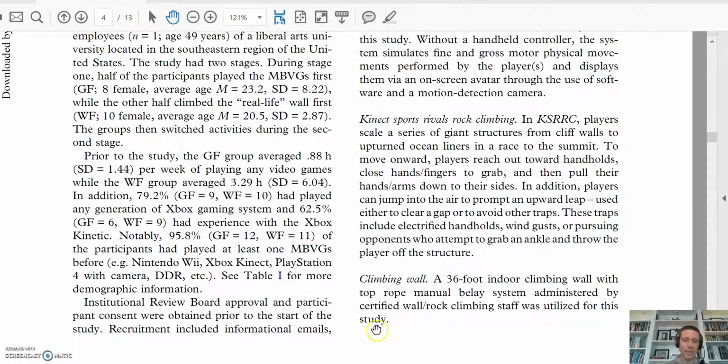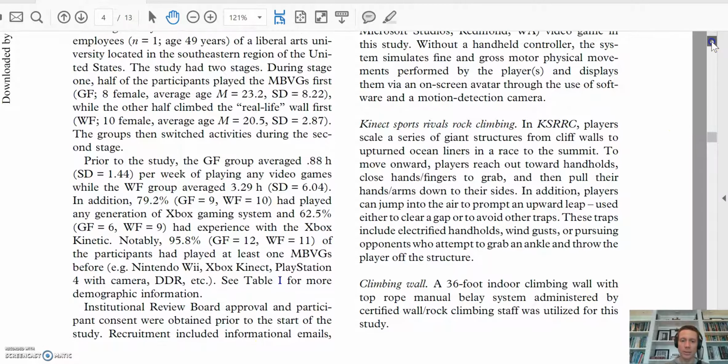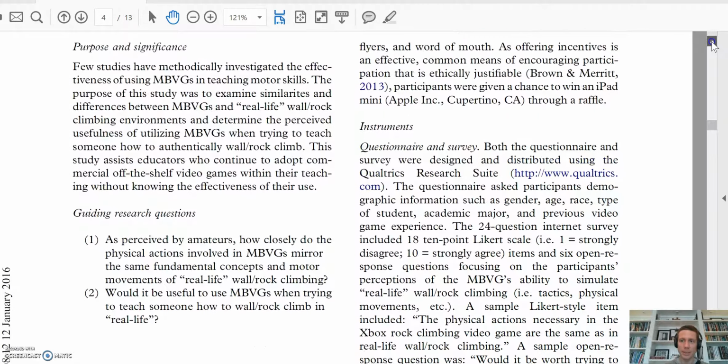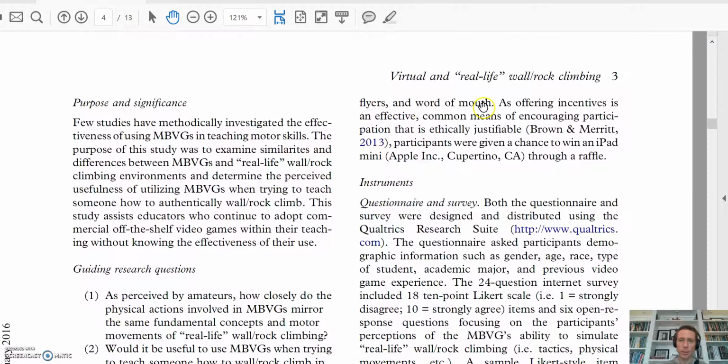Recruitment included informational emails, so this is how we sampled to recruit, flyers, and word of mouth, as offering incentives is an effective, common means of encouraging participation that is ethically justifiable. And so we threw a citation in there to defend that statement.